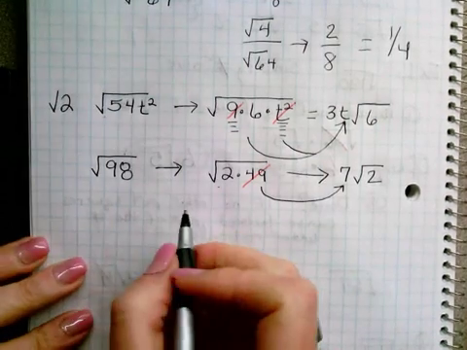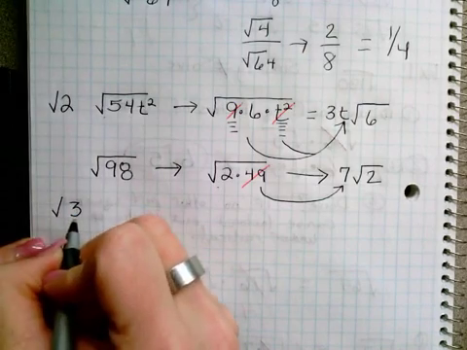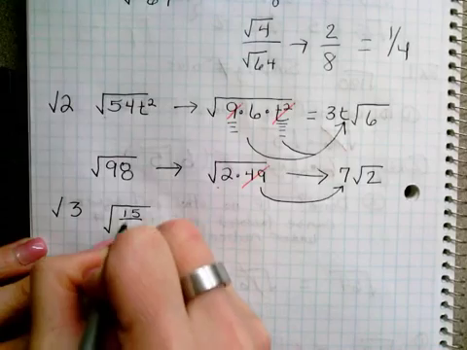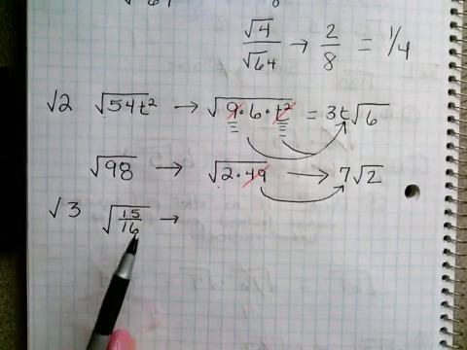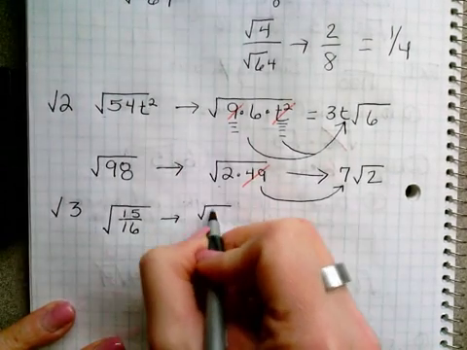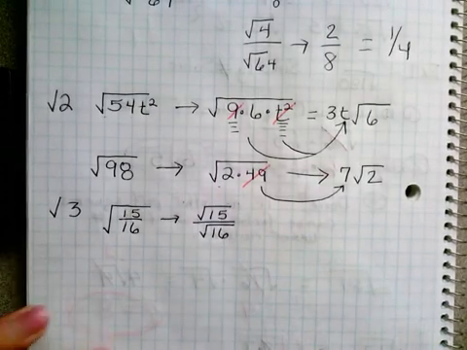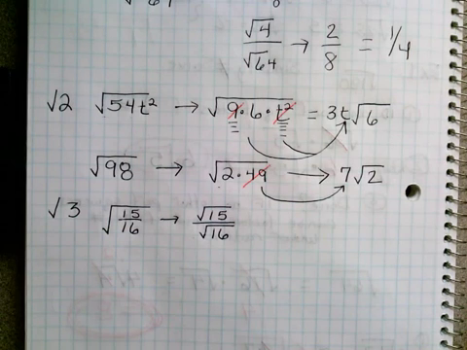Another fractional sample, checkpoint 3. Radical 15 over 16. Do you guys remember how I said if one of them is a perfect square and the other one isn't, you definitely want to break it? So we're going to break it apart. Look for perfect square factors or tell me if it's a perfect square.